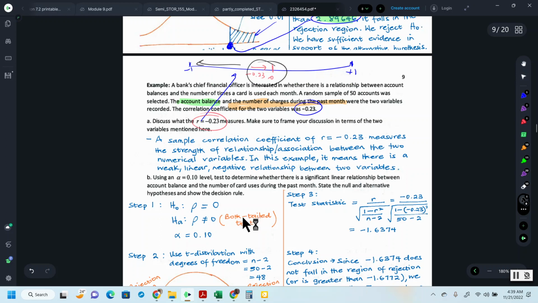So the appropriate alternative hypothesis would be that the correlation coefficient is not equal to 0, which means it could be negative or it could be positive. The null hypothesis then will be left with just equal to 0. Our plan is to carry out this test at alpha equals 0.10 level of significance.